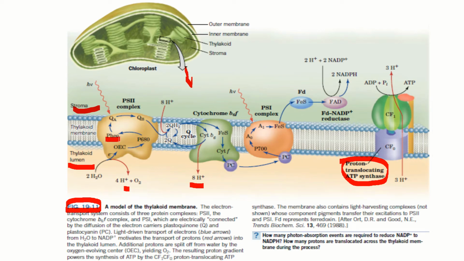I told you earlier, pheophytin is the first acceptor. Then quinones are there. Quinone becomes quinol. Like that, it is being transported, and from here it is coming to the cytochrome b6f complex, etc. That is very clear here. You found it in the previous slide also. What is important here is that in this diagram both the photosystems are involved. See here, photosystem 2 is there and photosystem 1 is there.